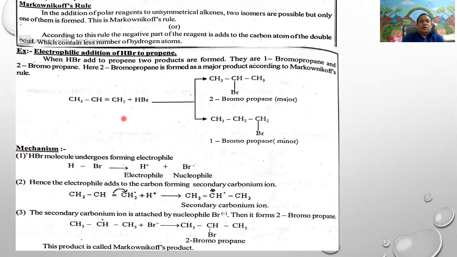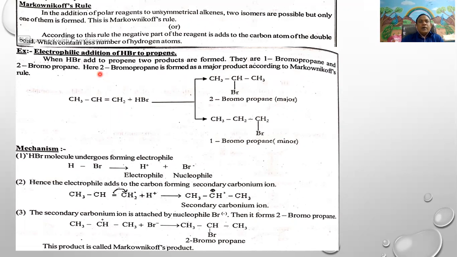Once again, unsymmetric alkene upon treatment with hydrogen halide or halogen acid, the negative addendum attacks the carbon with the least number of hydrogens beside the double bond.